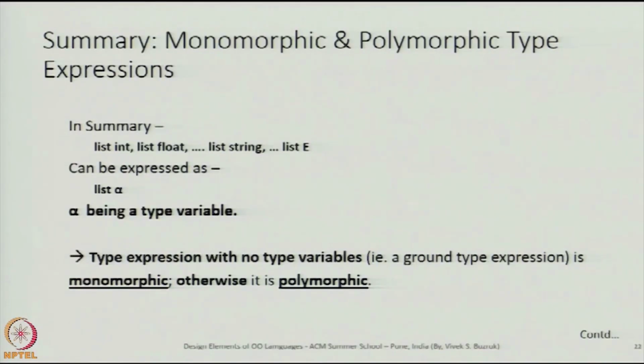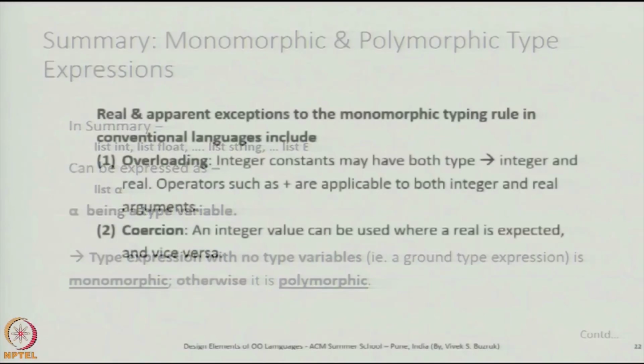I am just coining the name here, because you should know that when it is not polymorphic, it is monomorphic. If there are type variables, then the type expression is called polymorphic, okay. So list of alpha below is basically polymorphic, right. Okay, good. So till now it is clear, right.